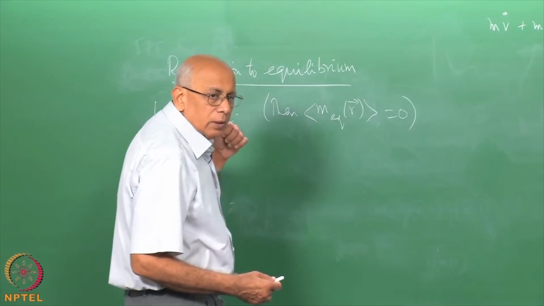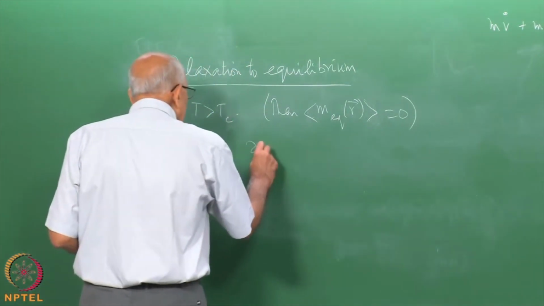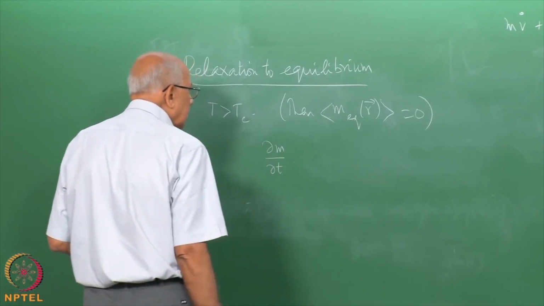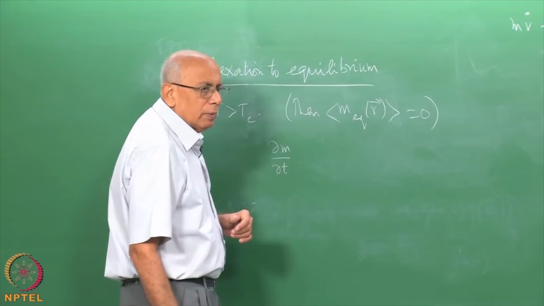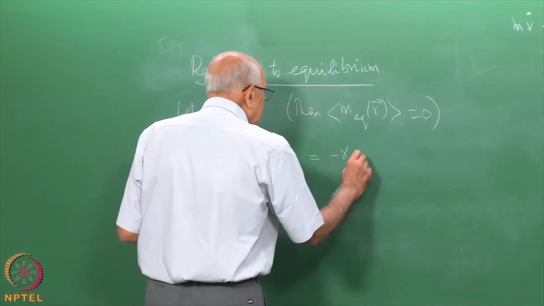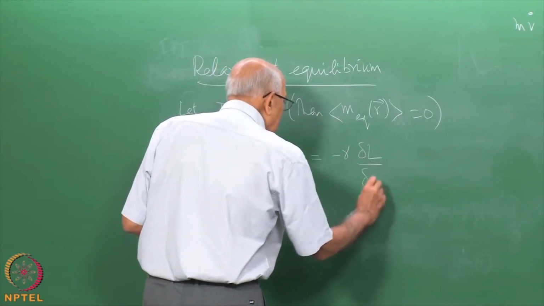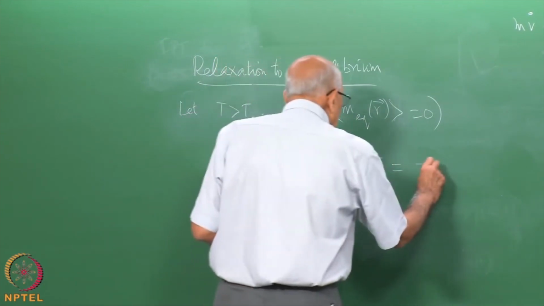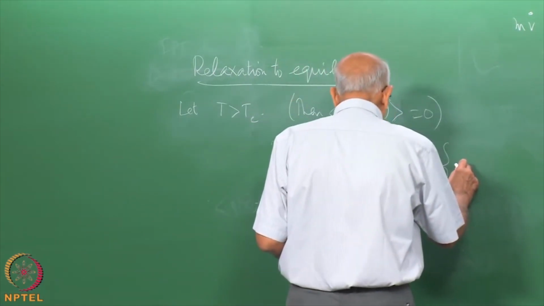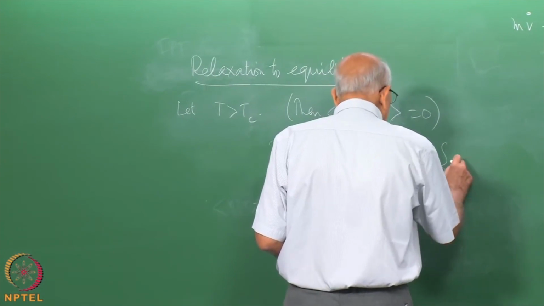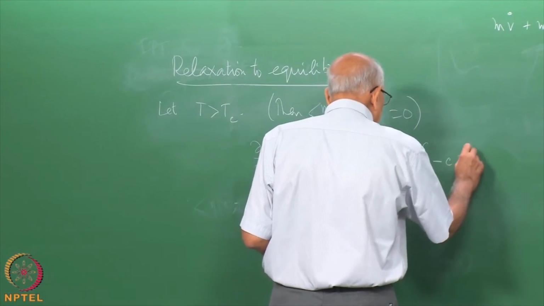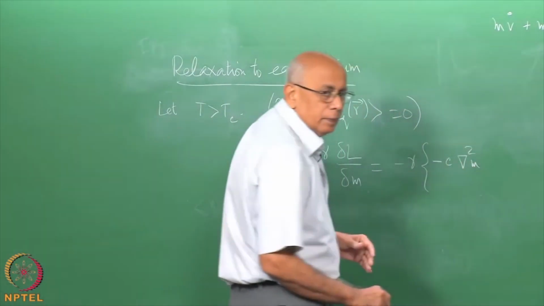If I go back to the Langevin equation, I have delta m over delta t, this quantity, a little bit away from equilibrium, is equal to minus gamma delta L over delta m, which is equal to minus gamma, and now you have to tell me what all those terms were. There was a minus c del squared m, minus h of R.